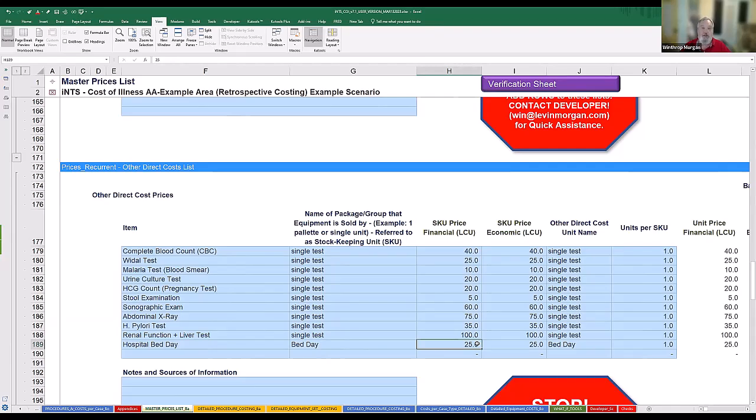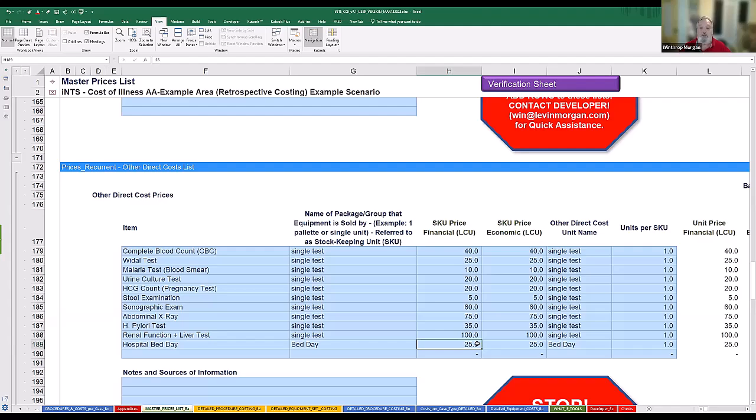And so what we've done is we interview the people in the hospital. We say, okay, well, what's included in taking care of a patient? Do you have a hospital bed day charge? And usually they can tell you what that bed day charge is. And that will include all the costs of taking care of the patient other than the medical costs. It will not necessarily include the indirect costs of the building charges and the electric charges and the water charges, things like that.